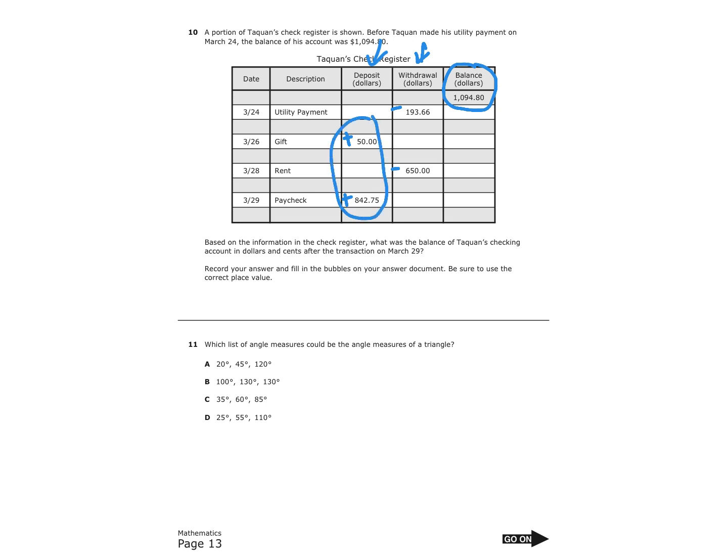So if he starts off with $1,094.80, and we're going to add $842.75, and then we're also going to add $50 for a gift that was given to him. So he puts it in his bank account.